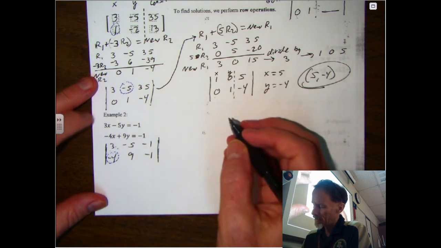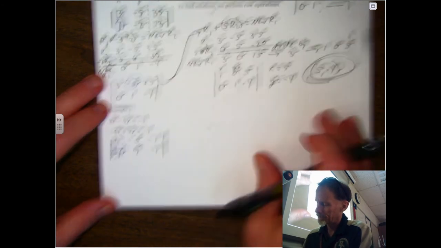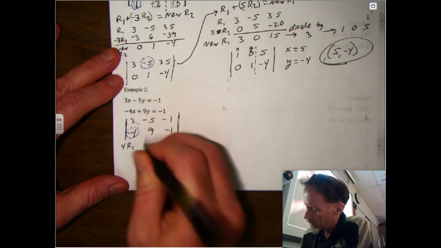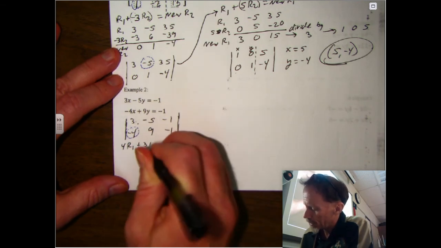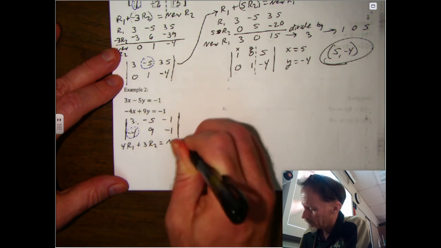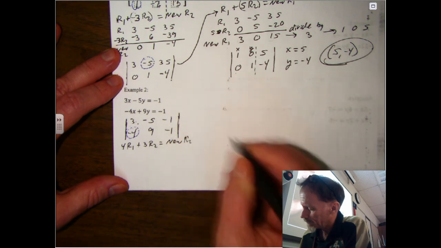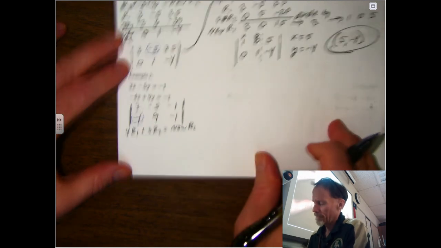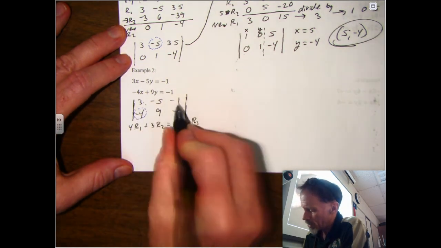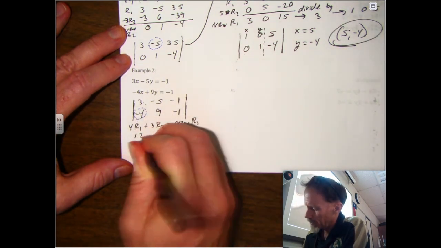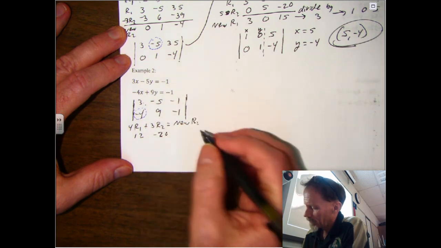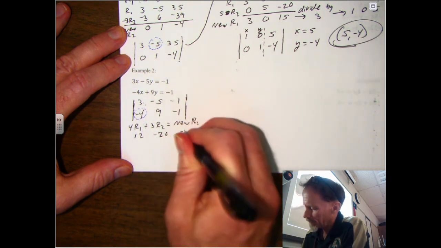So I'm going to write it right here. 4R1 plus 3R2, and that's going to be my new row 2. Okay? So again, 4R1, multiply the whole row: 12, -20, and -4.